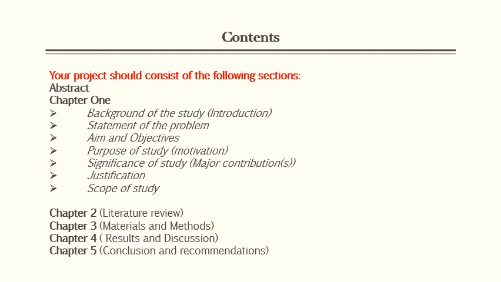Chapter 1 is where you first introduce your topic, whatever you're trying to do, and state your problem, your aims and objectives. You must have done some of these in your proposal writing. So it's basically what you have written in your proposal, but in a more formal form.